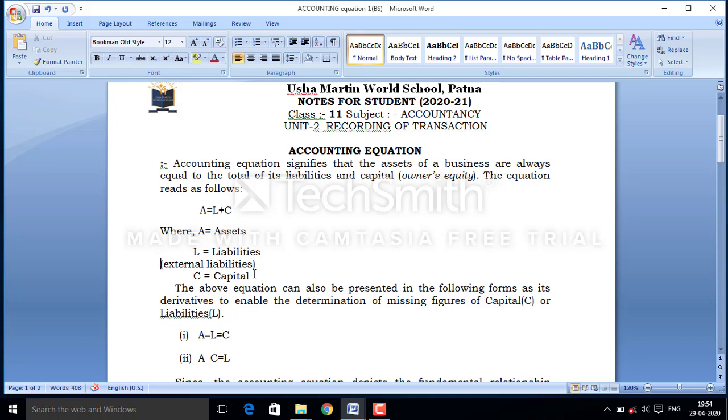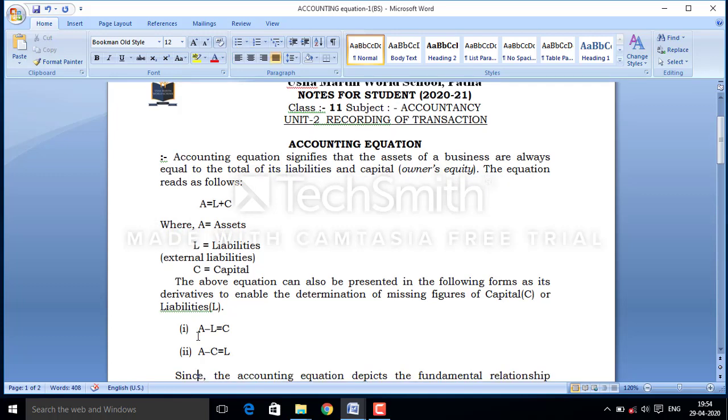So if we want to find the capital, then capital is equal to total assets minus external liability. Or if we want to calculate liability, then from total assets, if we deduct the amount of capital, we will find the amount of external liability.